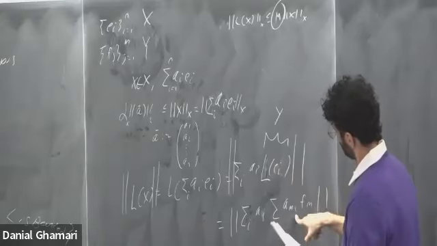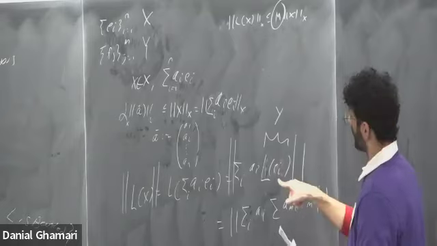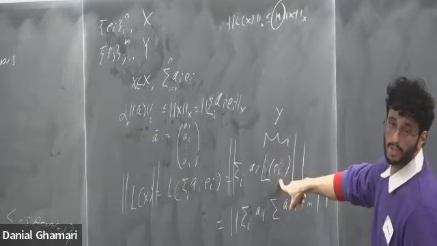For each e_i, take a sum over these f_m, and you get back L of e_i. So this i here just takes into account that it's a different basis vector.